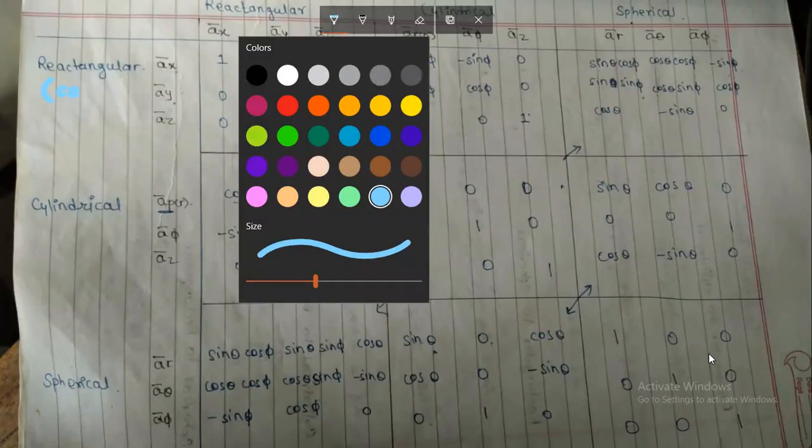Now see, we are having 3 coordinate systems, rectangular, which is also called Cartesian. Okay, here also we can write Cartesian coordinate system.